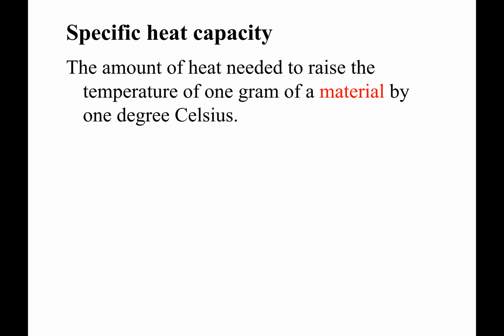So here we go. Specific heat capacity: the amount of heat needed to raise the temperature of 1 gram of material 1 degree Celsius. Is that a 1 degree Celsius change? So we've already kind of talked a little bit about this idea.